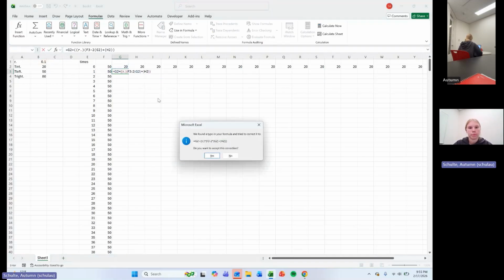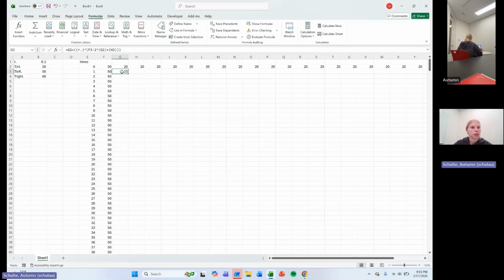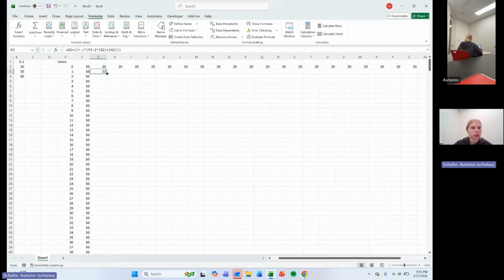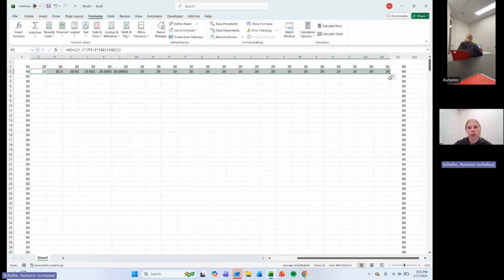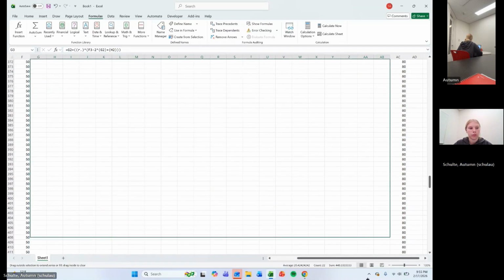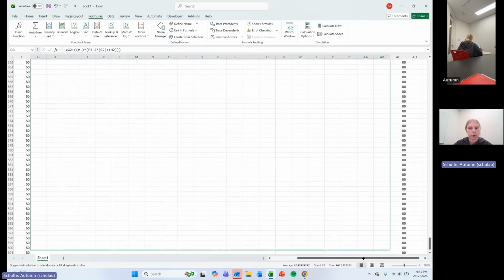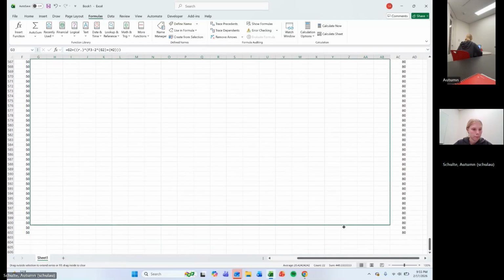And we'll hit enter. And yes, that's okay. So now we can see that we got a temperature of 23 degrees. And this formula is going to stay consistent throughout all of these, so you're going to drag this over. And then we can also drag this all the way down for those 600 values because that equation remains the same.